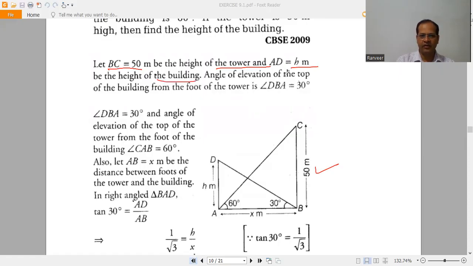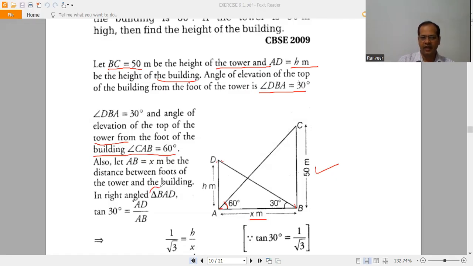The angle of elevation of the top of the building from the foot of the tower is angle DBA, which is 30 degrees. And the angle of elevation of the top of the tower from the foot of the building is 60 degrees. Now, suppose the distance between the building and the tower is x meters.